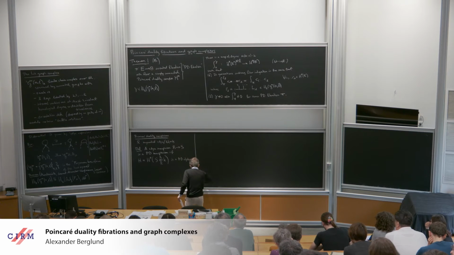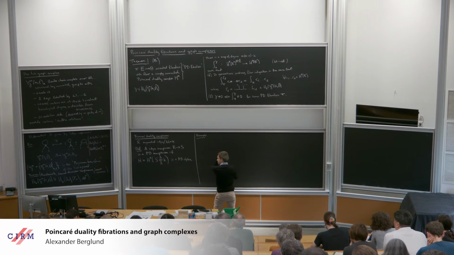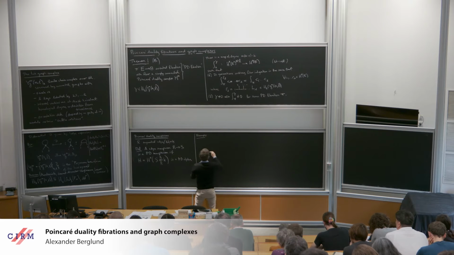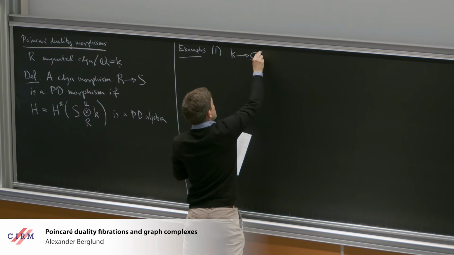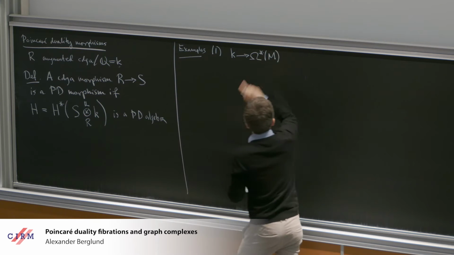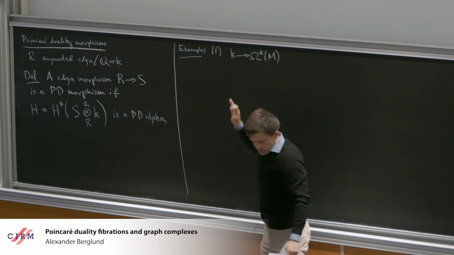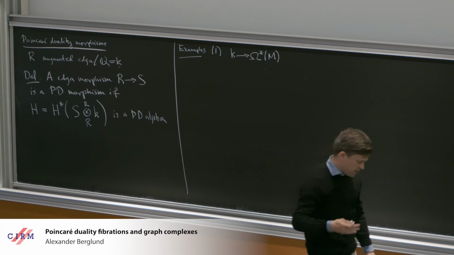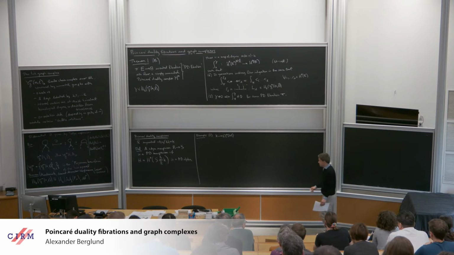And some of the main examples of Poincaré duality morphisms, we already have one, but it's actually interesting to look at special cases. The first example is if you take the unit map of differential forms on a Poincaré duality space. And here again, I'm not assuming M is smooth, so let's take Sullivan's polynomial differential forms with Q coefficients.